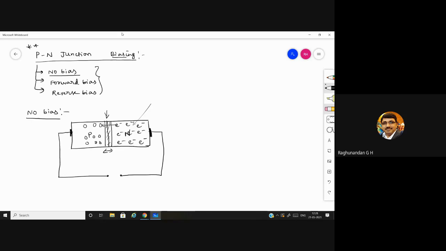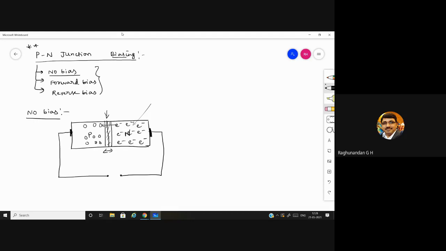So in this unbiased, or no bias, condition, we need to explain that we have not connected any external power supply, and the electrons and holes which are very near to the junction combine, and because of this combination, a potential barrier exists across the junction.